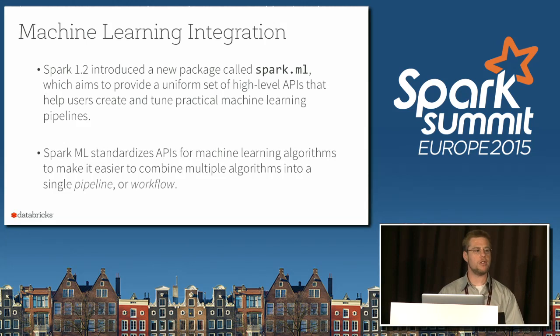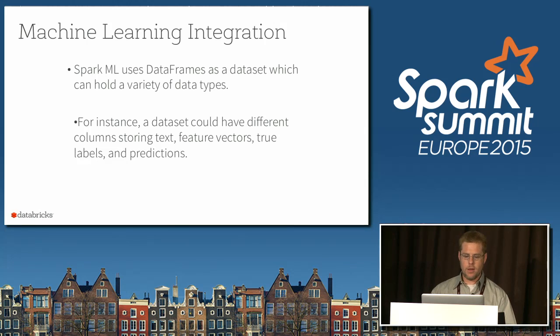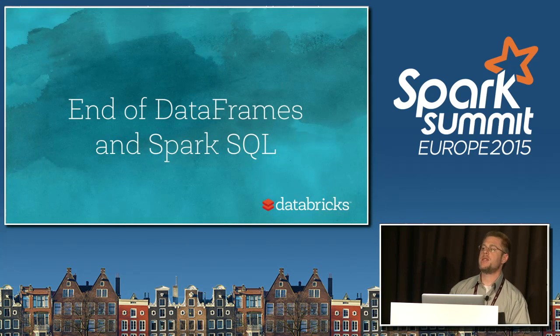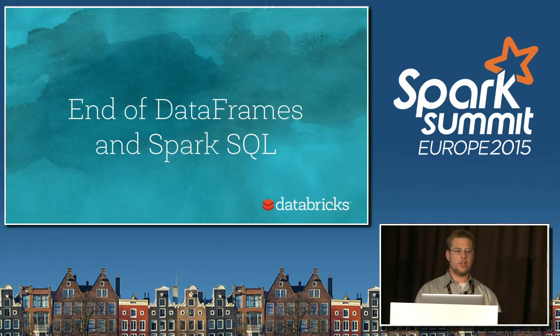So it's an integration of machine learning algorithms with data frames. We'll talk more about that later. Basically, it's a way of using data frames as a model for storing all of that data, and it makes certain operations like hyperparameter grid search easier because they're built in. But we'll talk about that later on.